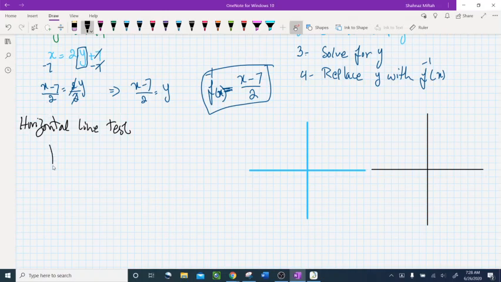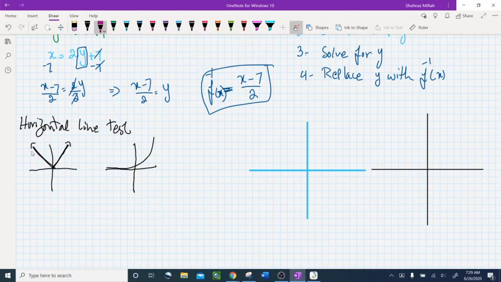So let's try the horizontal line. For example, I have a graph. I'm just making it up. This one. By the way, that's the absolute value graph. If this is the graph, and I have another graph which looks like this, right? Now the question is asking which of these functions has an inverse.